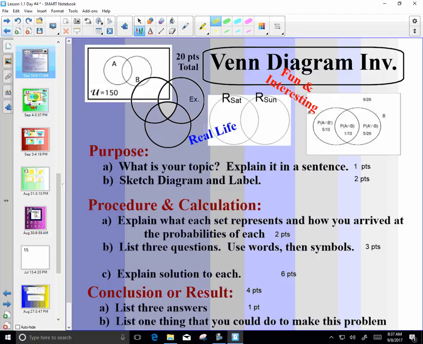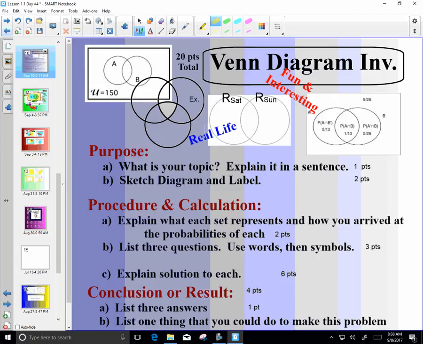Pick 2 groups, have them overlap, and then you're going to come up with your own symbols, like A intersect B, A not, or intersect not B, whatever you want to do. You're going to come up with a couple of different situations, and we're going to pull probabilities into this.